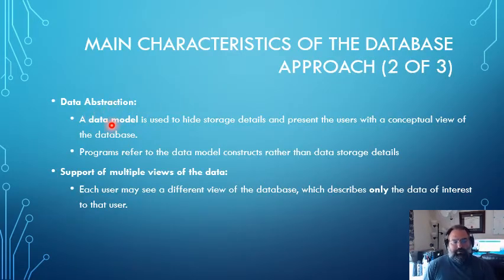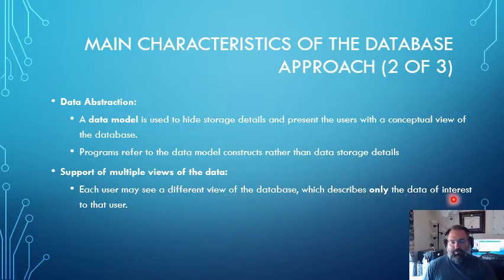Data abstraction in a data model is used to hide storage details and present the user with a conceptual view of the database. It also refers to the program model construct rather than the data storage details. Support of multiple views of the data allows each user to see a different view of the database.